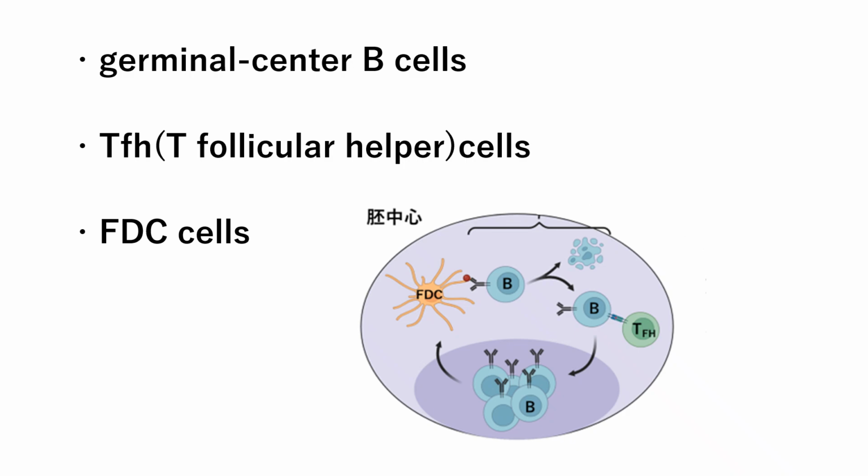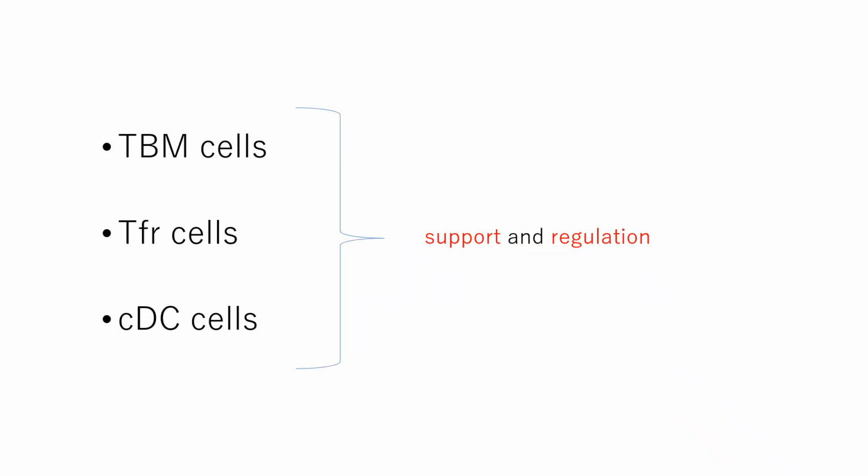TFH cells promote B cell survival, differentiation, and high-affinity selection. FDC cells retain material and present antigens to B cells. In addition, there are TBM cells, TFR cells, and CDC cells that provide support and regulation.